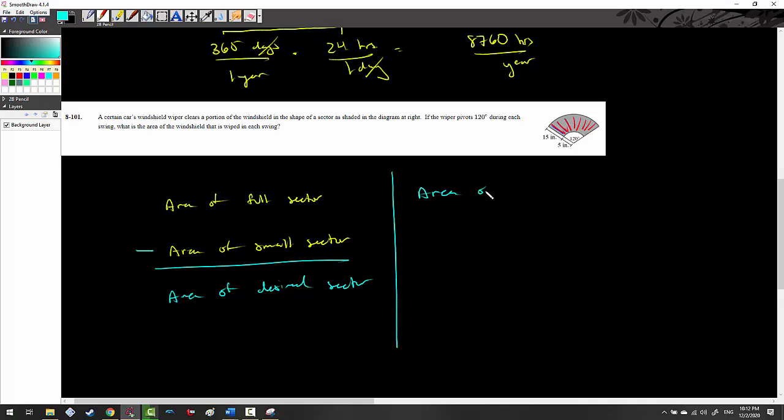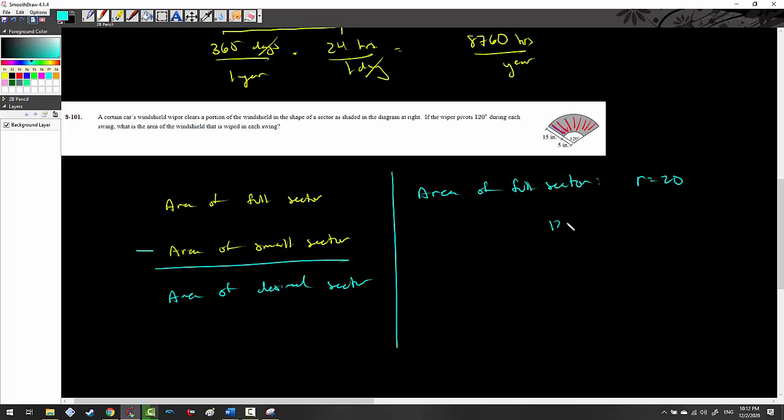The area of the full sector. Well, remember, if I'm doing the full sector, the radius is 15 and 5, so that means that my radius is 20. So how do I find the area of a sector again? Well, that's going to be theta over 360.